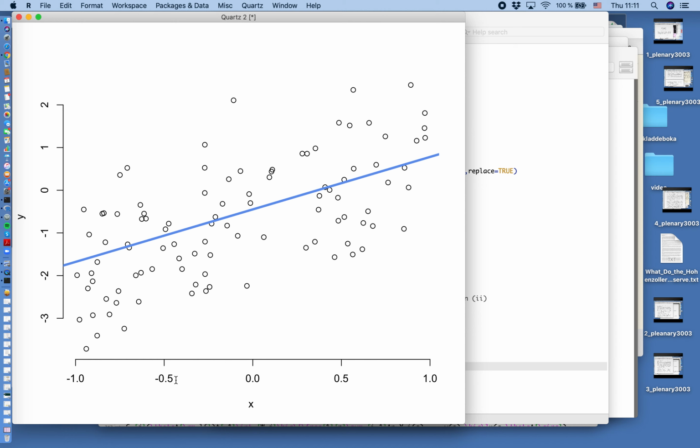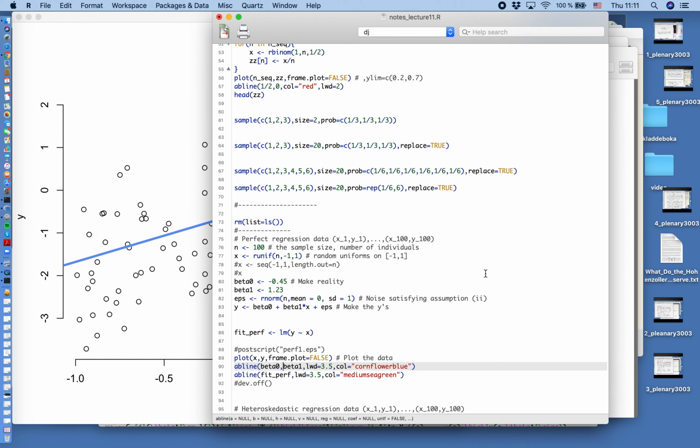It's not dependent on where on the x-axis we are. And that, of course, is true because we simulated our data to have variance 1 that does not depend on the value of x. So the variance of these epsilons is the same no matter the value of x.